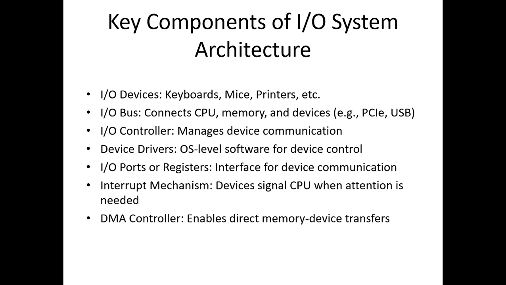Then we have the interrupt mechanisms, where devices can signal the CPU when they need attention, just like the way a pilot will call the tower. And then we have the direct memory access controller, which transfers large volumes of data without involving the CPU much, improving the performance.